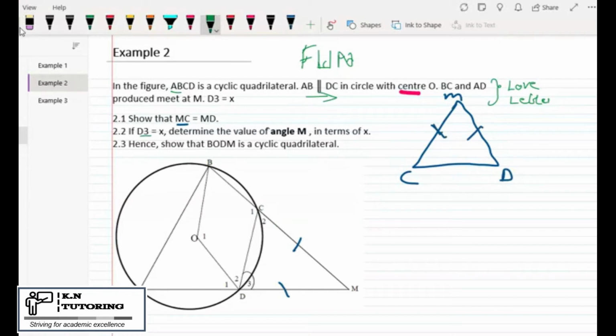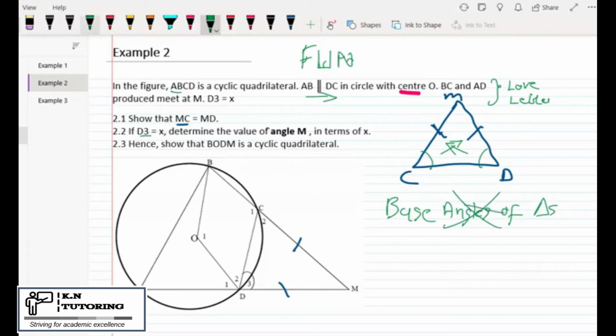The only way I can do that is if I prove that this angle is equal to that angle, because base angles of an isosceles triangle are equal. But we know that this reasoning has been discontinued, we're not allowed to say "base angles of an isosceles triangle." So never write a reason that says base angles of an isosceles triangle.